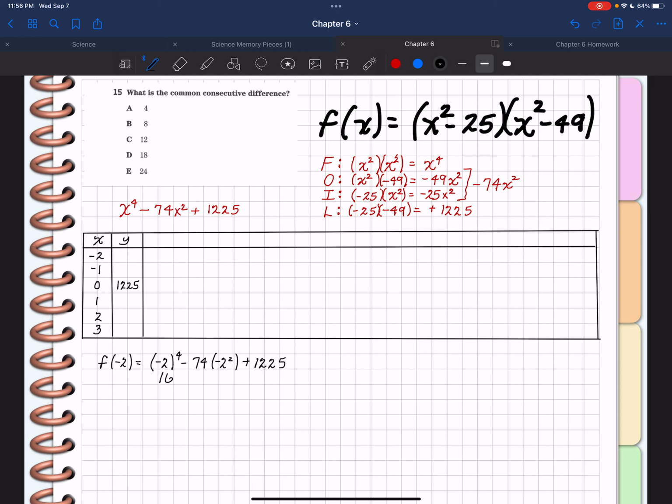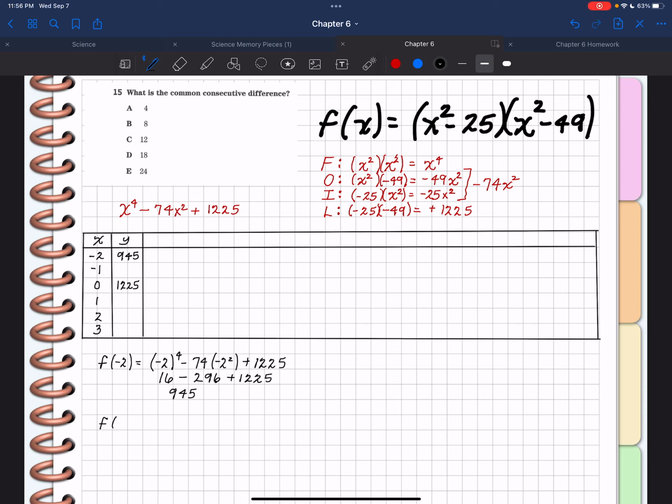So this is positive 16 minus 74 times 4 is 296 plus 1225. I'm going to say 16 minus 296 plus 1225 is 945. So that is the value when x is negative 2.